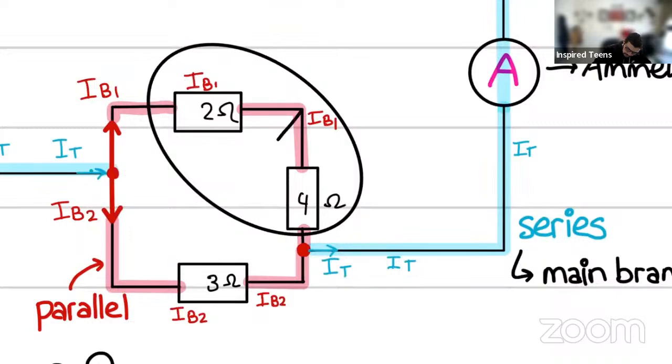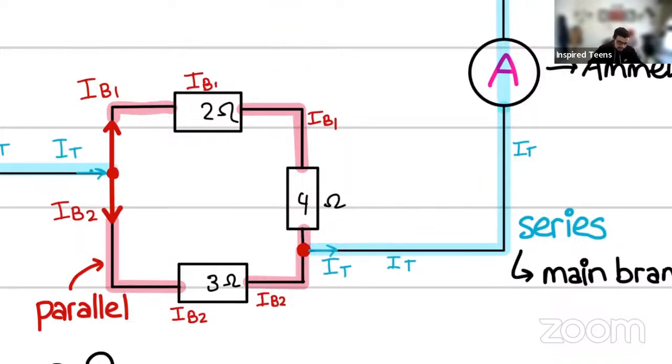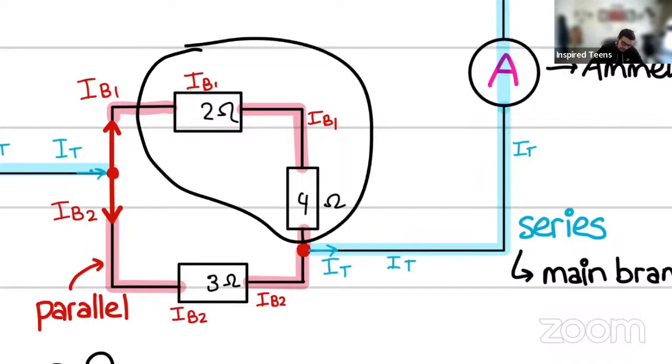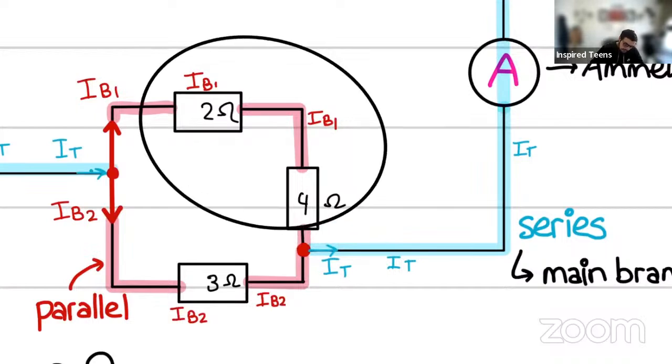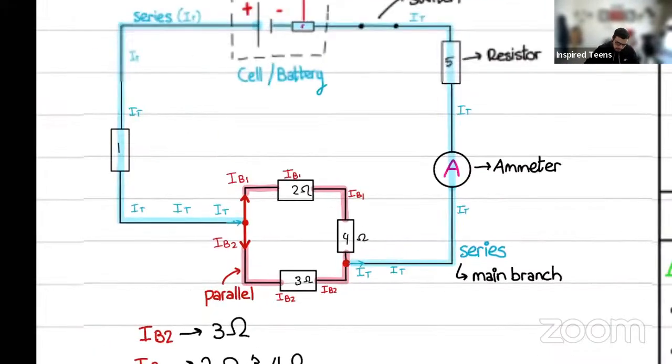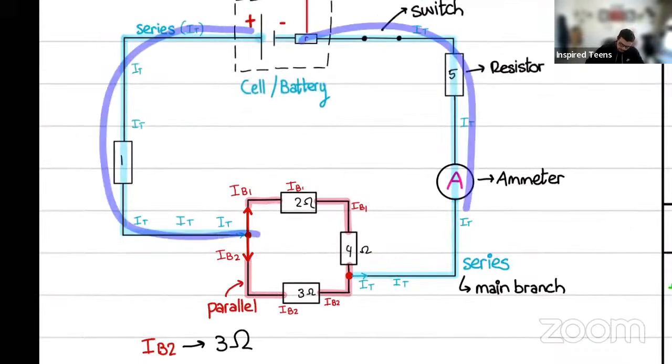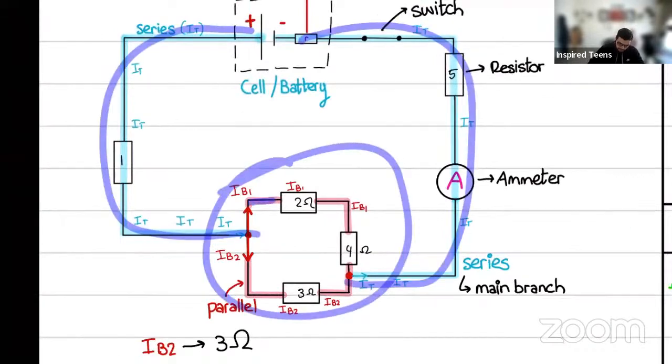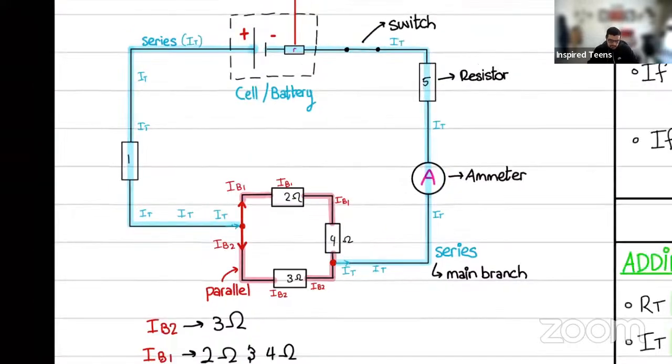There's no split to go to one resistor and the other resistor. They are drawn continuously. The wire leads directly from the 2 ohm resistor into the 4 ohm resistor. So within this parallel branch, we have a series connection. Okay, so let's talk about resistance calculation.